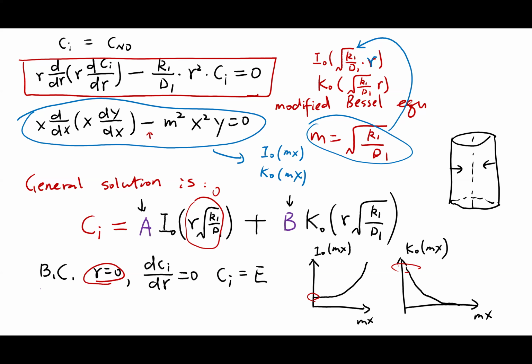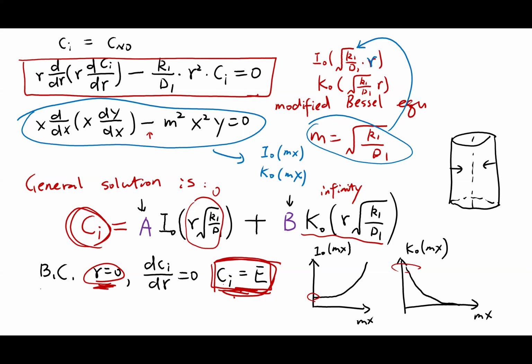So you can see, we know that Ci at r equal to 0 is a defined number. But for K0, when mx approaches 0, this number becomes extremely large. It will become infinity. You cannot allow that, because if it's infinity, then Ci becomes infinity, but the reality is Ci is a constant number.